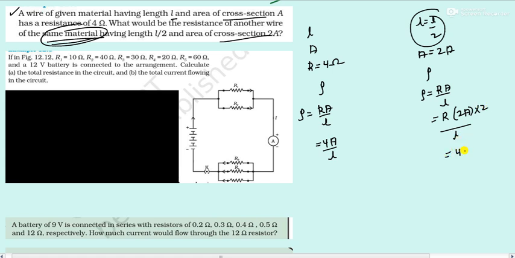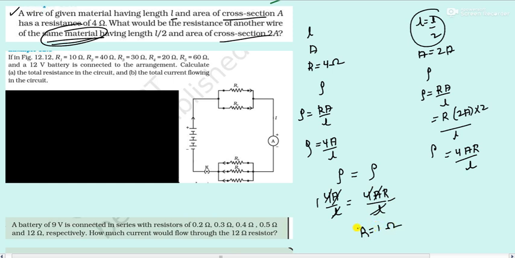This becomes 4AR by L. And here this is 4A by L. Since both of them are rho, equate the rhos. So 4A by L is equal to 4AR by L. L gone, 4 gone, A gone, R is left, and here it is 1. So R is equal to 1 ohm. That's all. Understood? It's very simple.